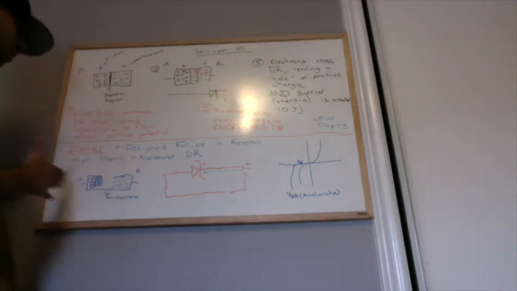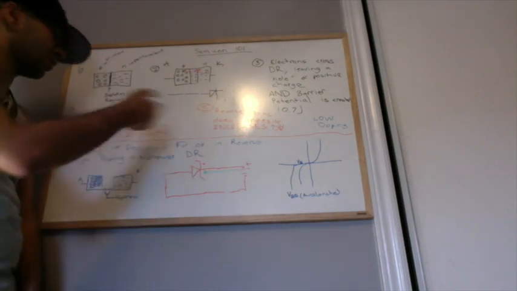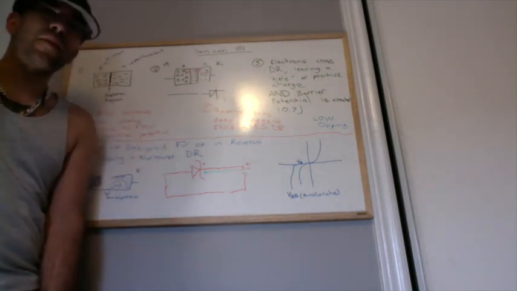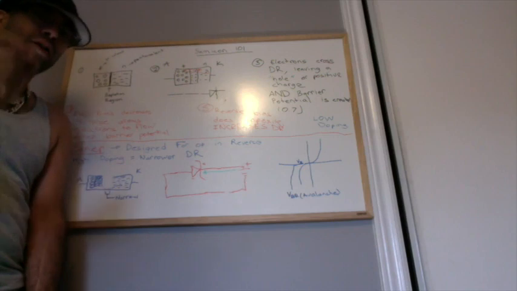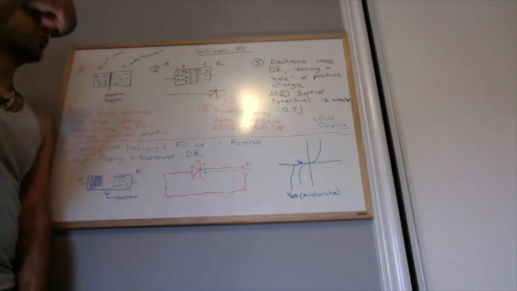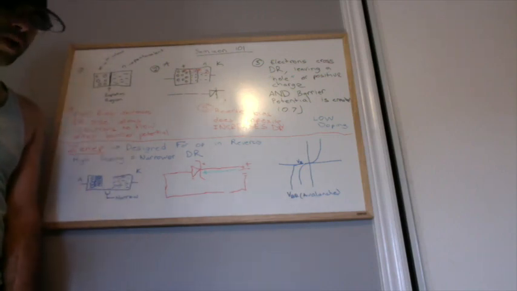The reason Zeners are able to work in reverse is because there is a higher level of doping, which creates a much narrower depletion region, which requires a breakdown potential.